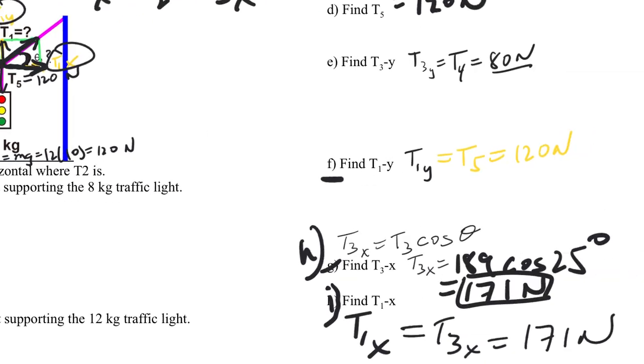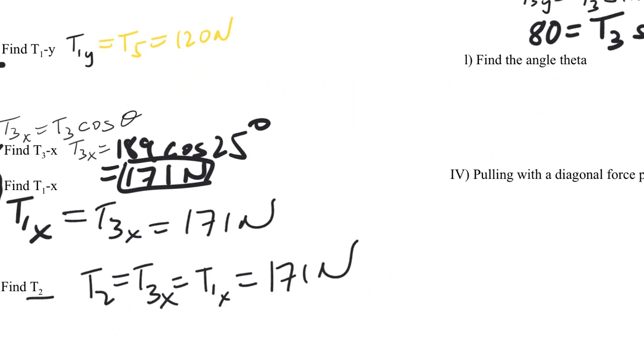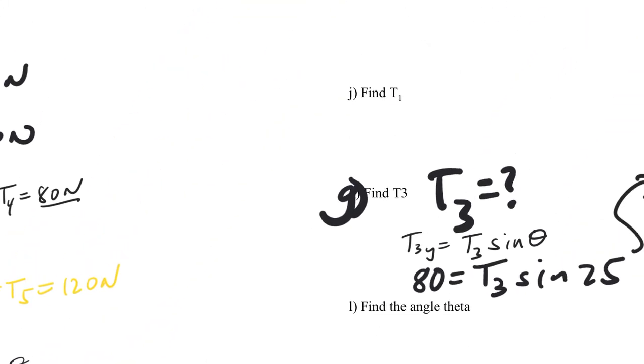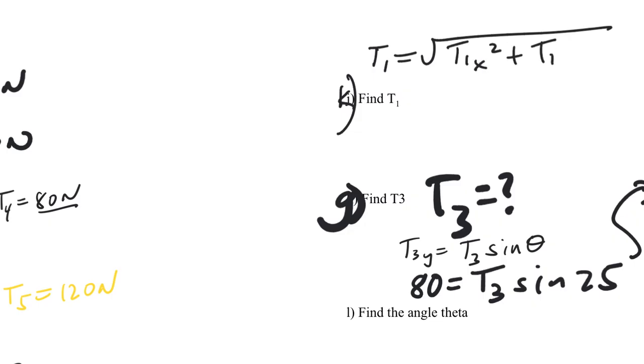So let's do that. And so that's letter K, really. So to find T1, I got to use the Pythagorean theorem. T1 equals the square root of T1x squared plus T1y squared.